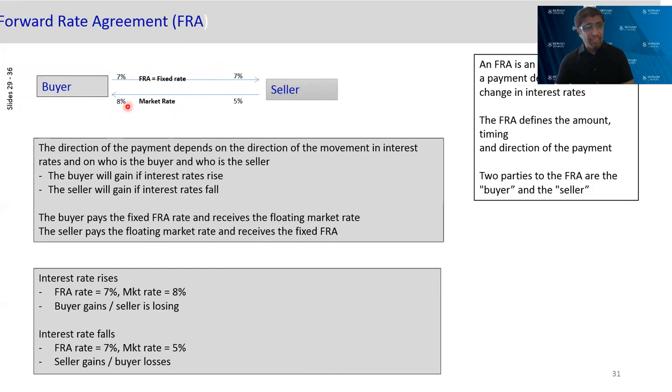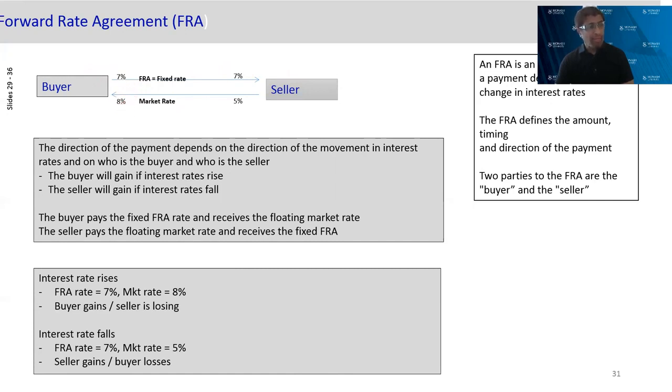Now, if the interest rate goes up and the buyer wants always to avoid this risk, and this is a hedging contract, in this case they want always to pay the 7%. They will still pay the 7%, and the seller will compensate the difference between the 7% and the market rate, which is in this case the 8%. So the seller will settle with the buyer 1% in this case.